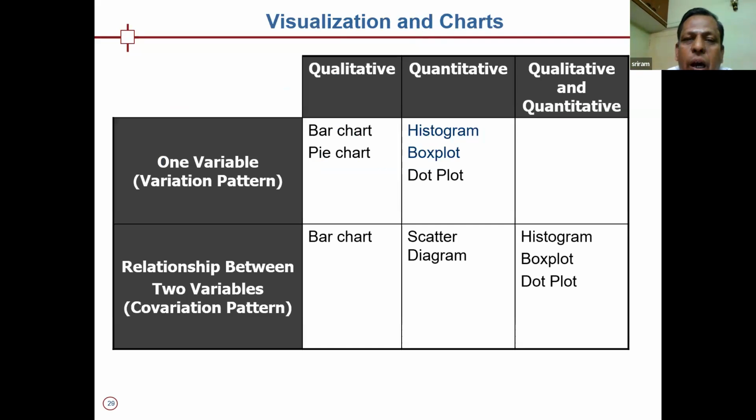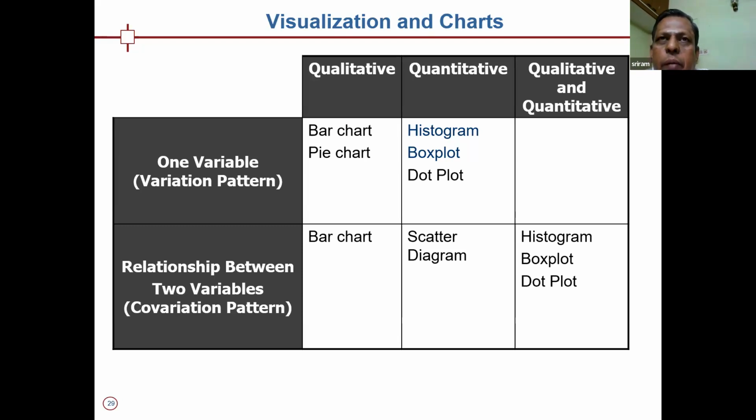And if you have only one qualitative variable, you can use a bar chart and pie chart. If it's quantitative, you can use a histogram, box plot, and dot plot. And if you want to know the relationship between two qualitative variables, where one is a risk factor and another is an outcome, for example living place and whether they are diabetic or not diabetic.